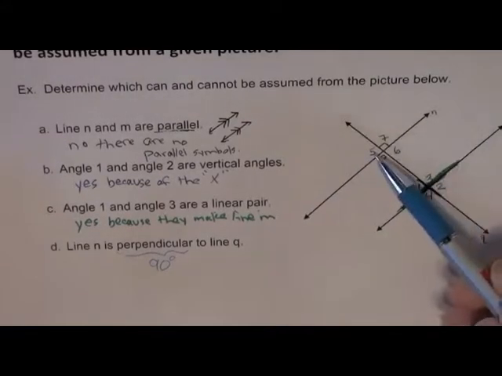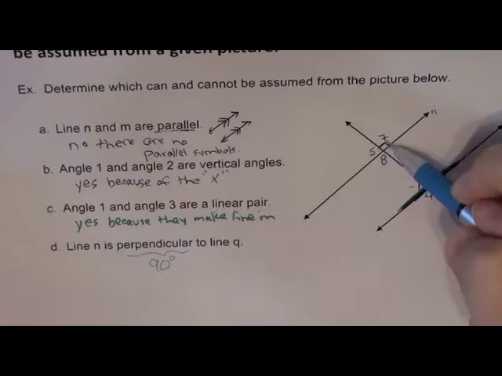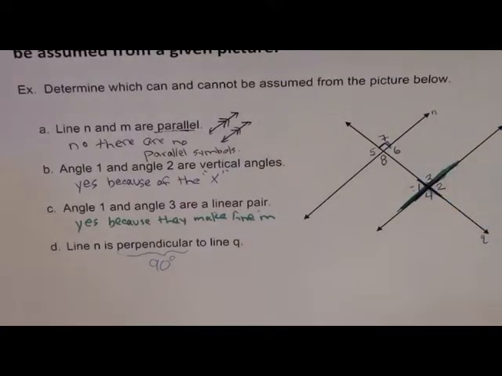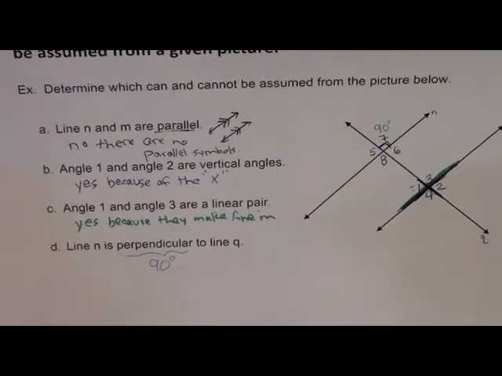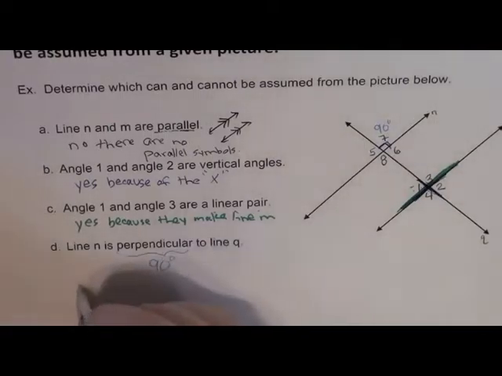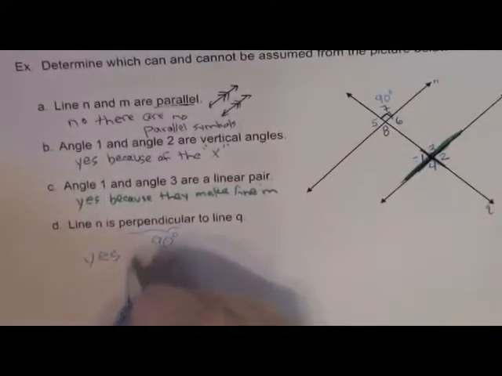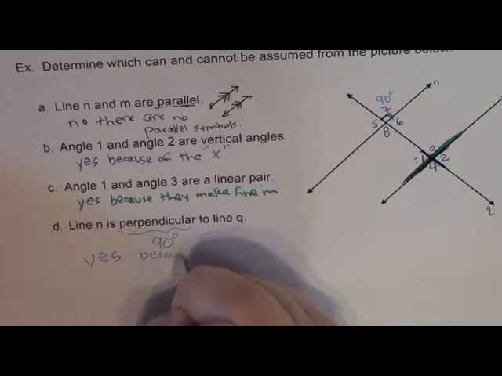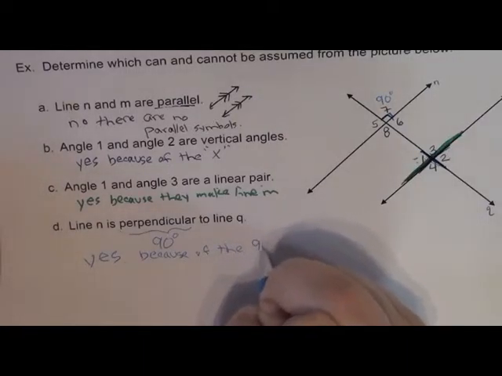Well, if you look very carefully at angles 5, 6, 7, and 8, there's this mark right here in the corner, like a little square. Well, what does that little square mean? That square means it's a 90-degree angle. So can we assume that they cross at 90 degrees? Absolutely, because right here, there's a symbol that says they cross at 90 degrees. Yes, we can conclude that because of the 90-degree symbol.